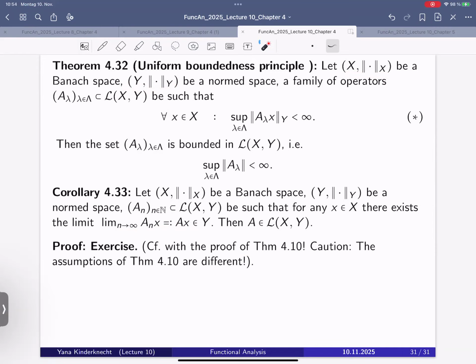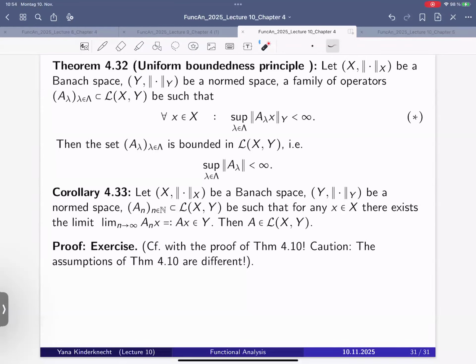So if X and Y both are Banach spaces, then we have already proved everything here. But in this setting, Y is just a normed space. The fact is also true, and it follows from this uniform boundedness principle.